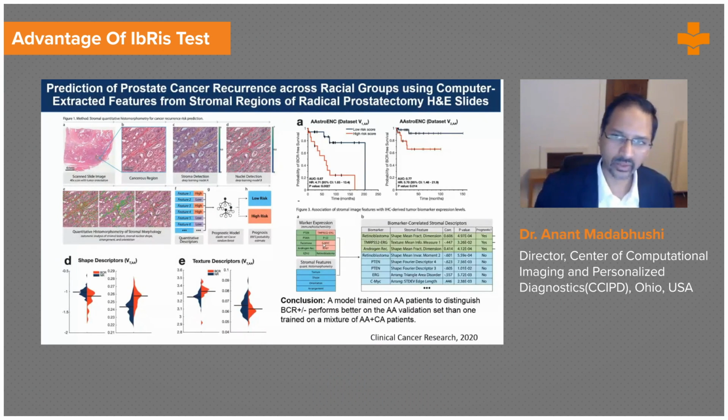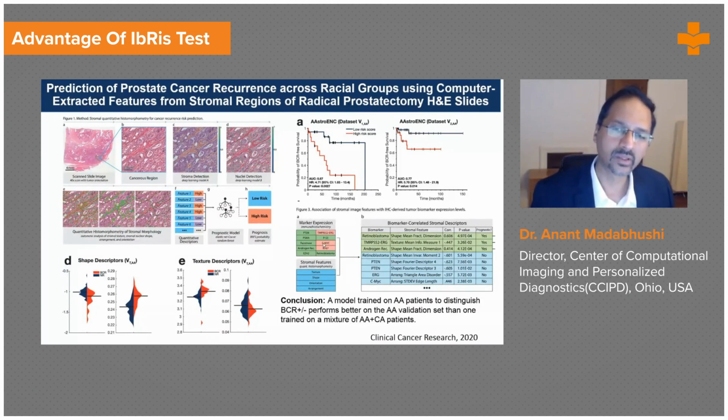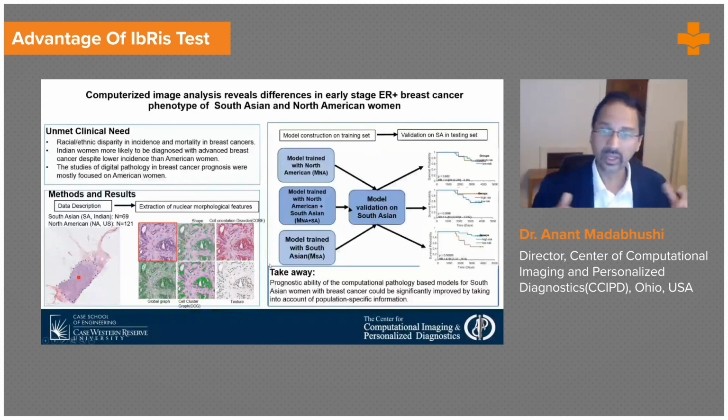Using AI, we were able to tease out differences in the appearance of disease in Black men, and therefore found that we had to create population-specific risk models for predicting the risk of recurrence in African American men. And so we recognize now that there are potentially differences at a cellular level that have to be accounted for when you're creating these AI models. In other words, one size is not going to fit all different populations, and you really may need to create very specific population-based risk assessment tools, just as we found now with our partnership with the Tata Cancer Center.